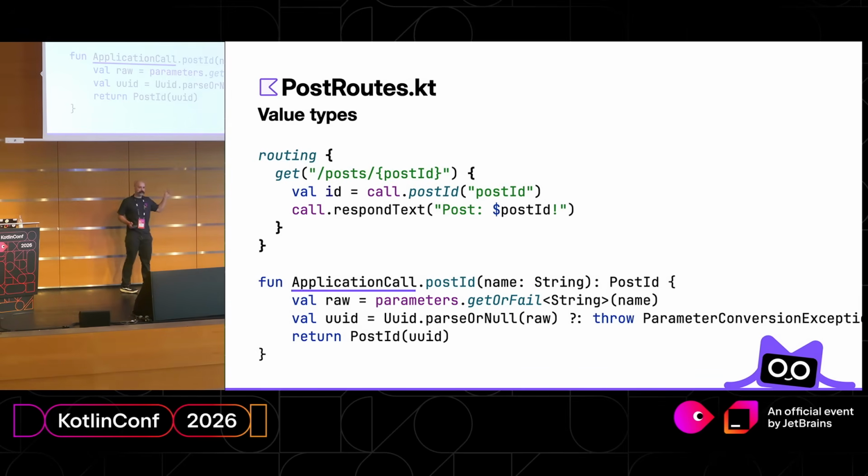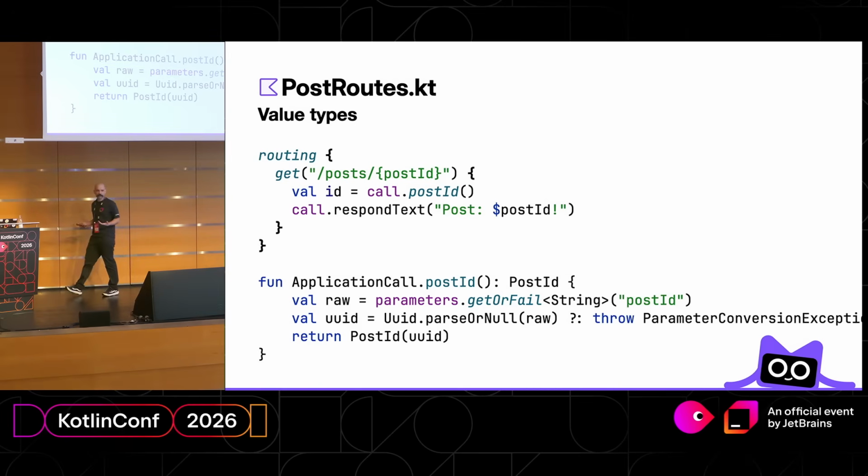Here I'm still leaving the name of my parameter as an argument, but maybe for a post ID, you don't want to leave this freedom to the caller of the function, but you want to enforce that the key for this parameter should always be post ID. And so how can we achieve this Kotlin property automatic extraction of the value?